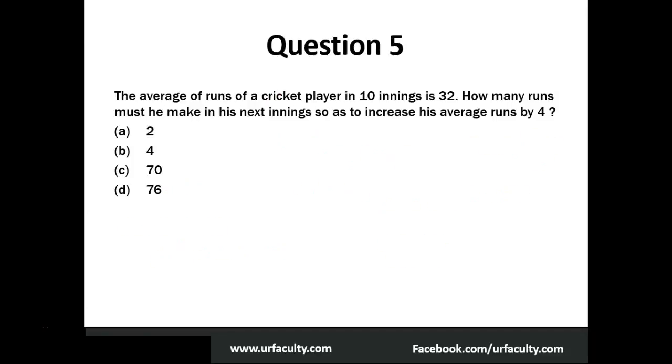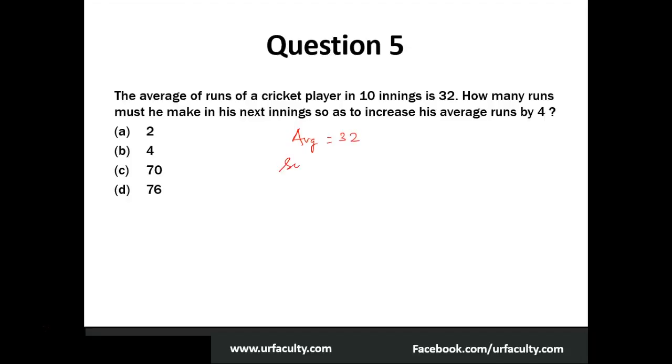Now moving on to the next question. The average runs of a cricket player in 10 innings is 32. How many runs must he make in his next innings so as to increase his average by 4? From now on, I'll start showing you some techniques. Let's understand what they are saying. His current average is 32.